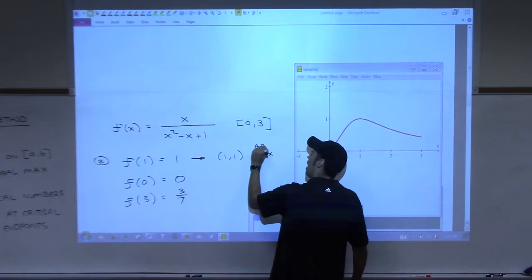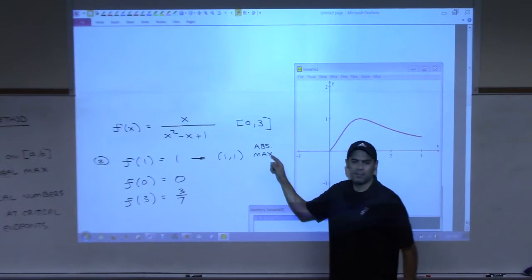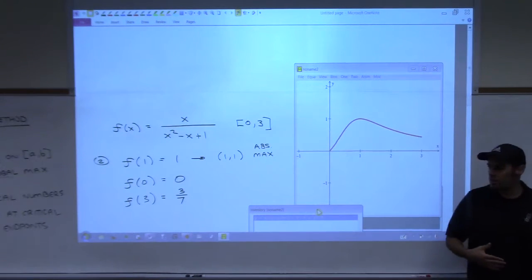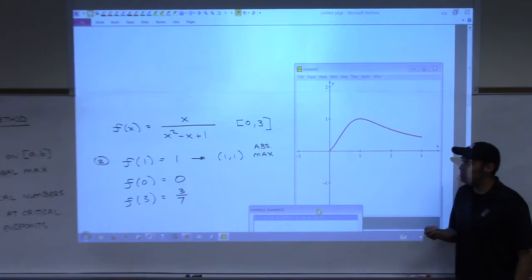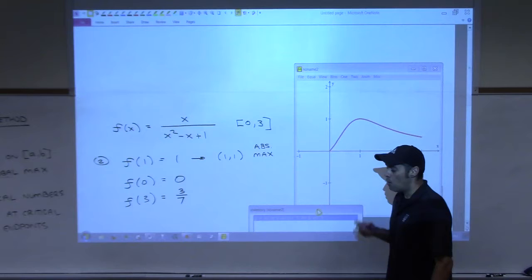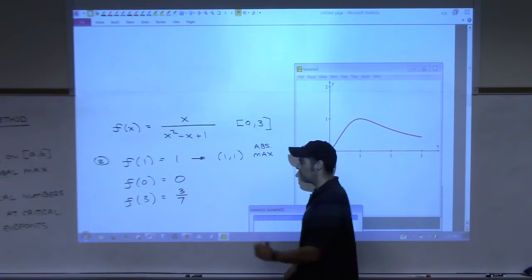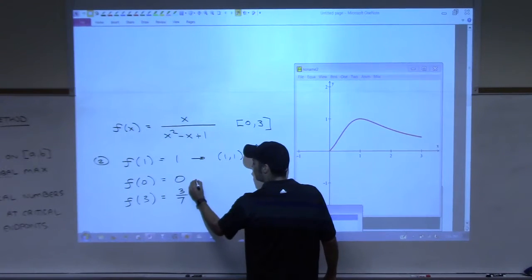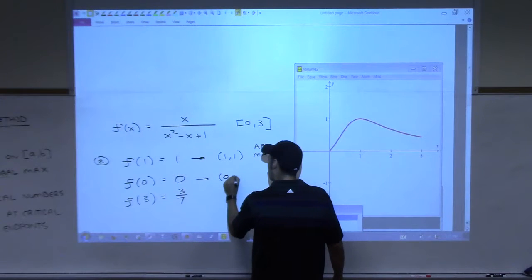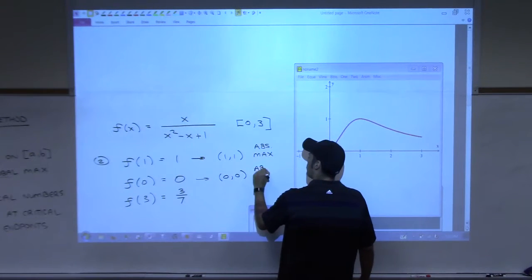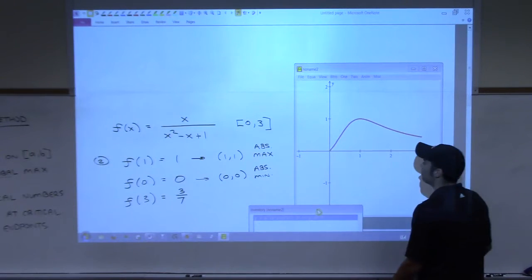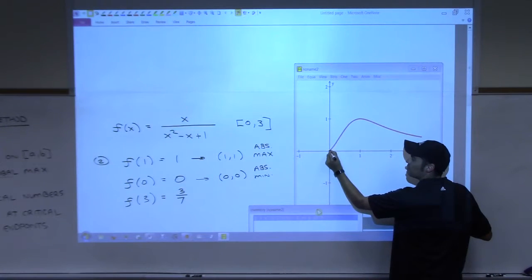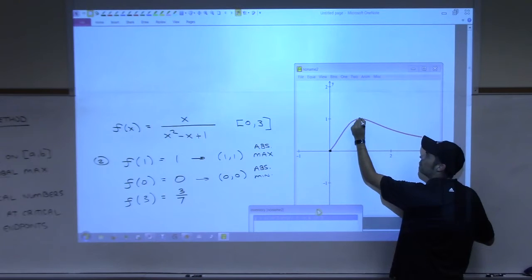I'll say abs max instead of global max because I want you to see both terminologies used. That's our absolute max. The absolute max of this function is 1, right? That's the absolute max on this closed interval. The absolute minimum, 0. And they occur, as you can see, here at 0, 0, and then here up at 1, 1.